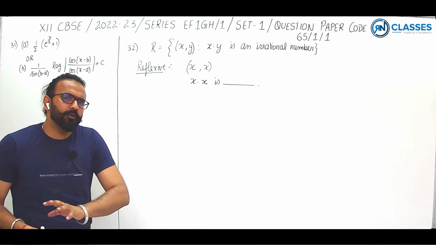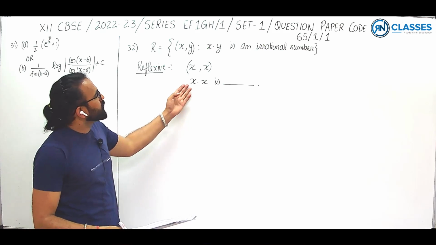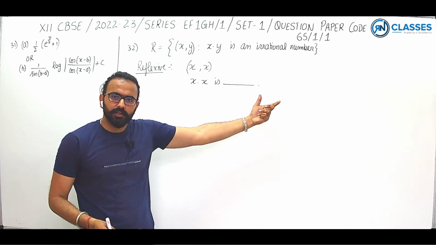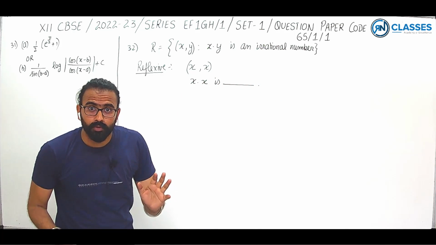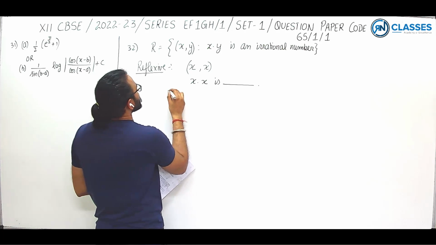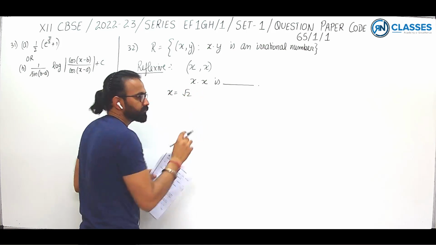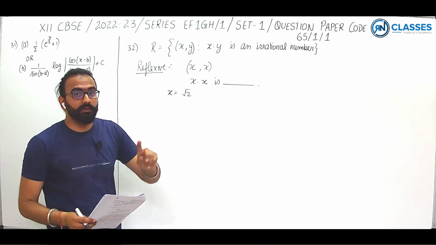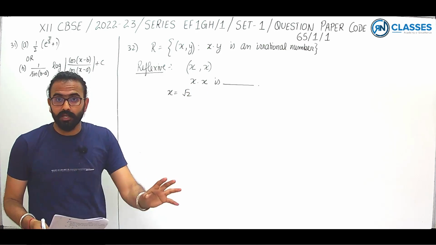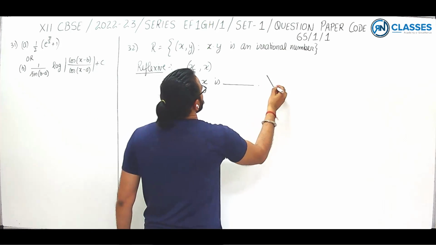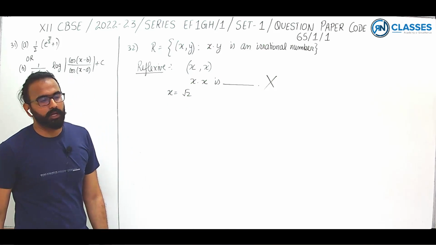Is it true that for every real number x into x is always an irrational? No. Reason behind that is if I consider x as say root 2, root 2 into root 2 will give us 2, which is not an irrational number. That's why this relation is not a reflexive relation.